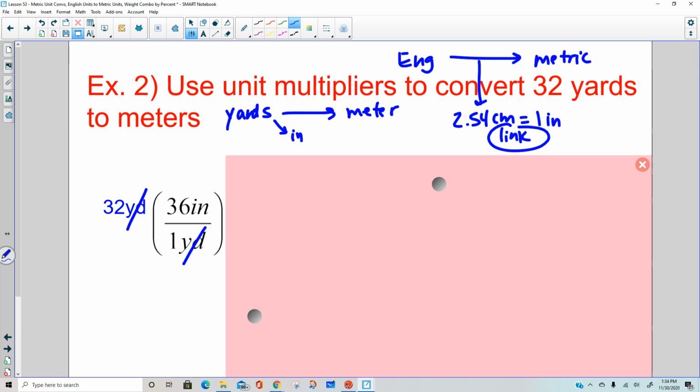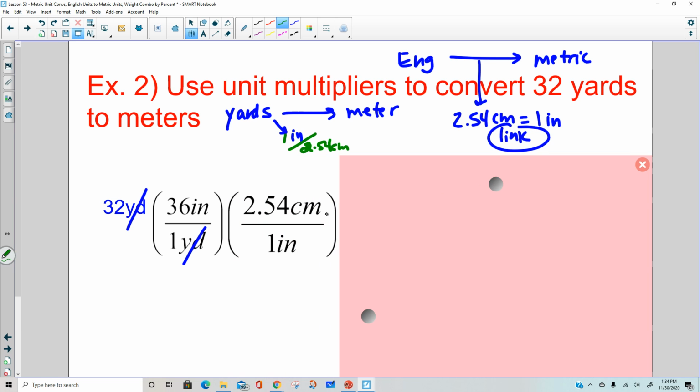Cross off your yards. Great, now you're in inches. Once you're in inches, you can use that link. That link is the 1 inch is 2.54 centimeters. And once you do that, making sure to line up one on the top, one on the bottom, whatever you want to cancel.